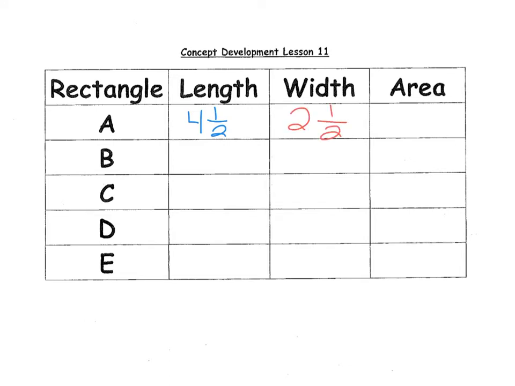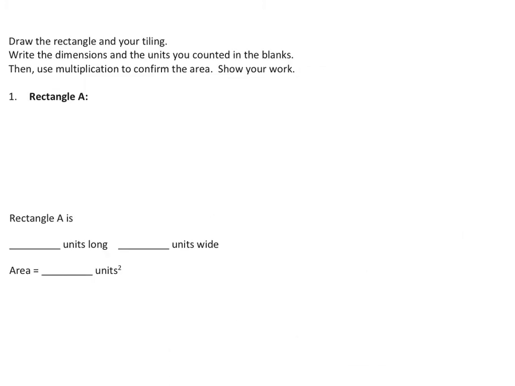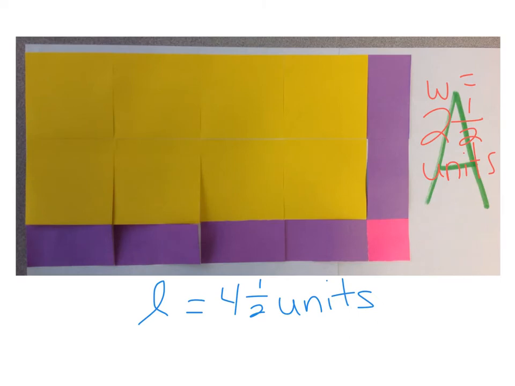So let's draw this on our problem set page. I'm going to draw a quick sketch of my rectangle, 4 1/2 by 2 1/2. Let's start finding the area of this rectangle A. I'm going to break this up into whole units and partial.